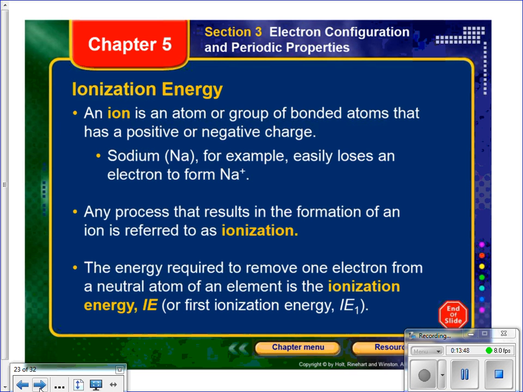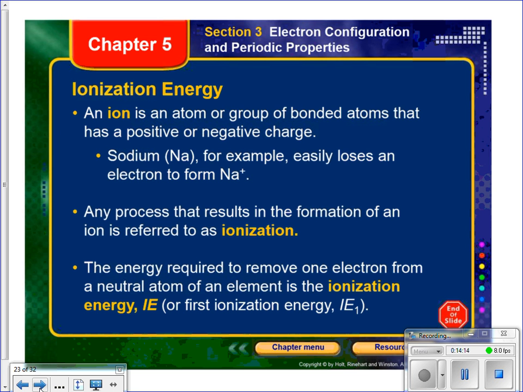So ionization energy is the amount of energy that it takes to remove an electron from an atom. Well, the nucleus is what's holding that electron in. So if we take away one electron, that means we have more protons now. So that means the electrons are even more attracted to our nucleus.